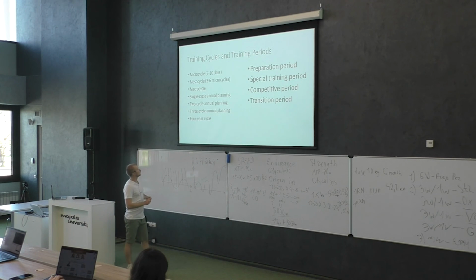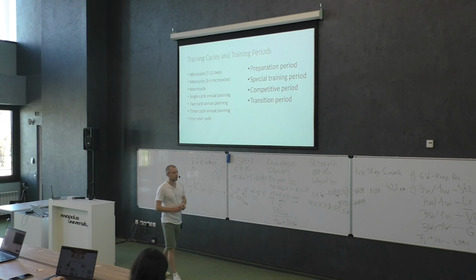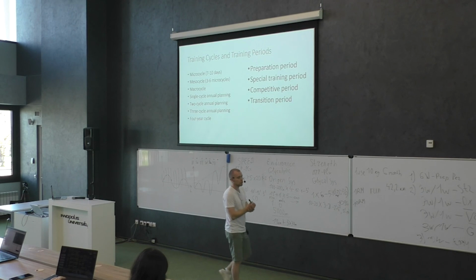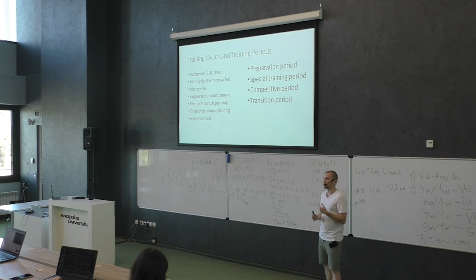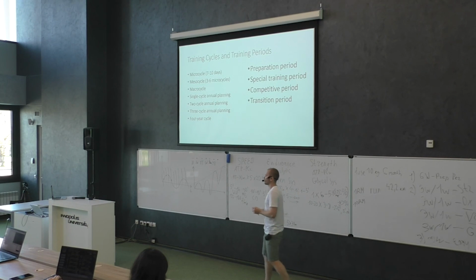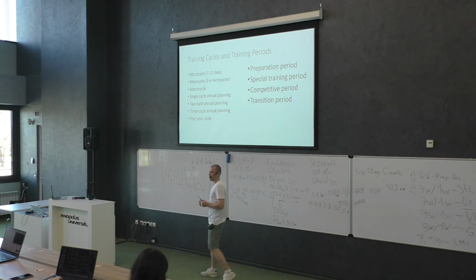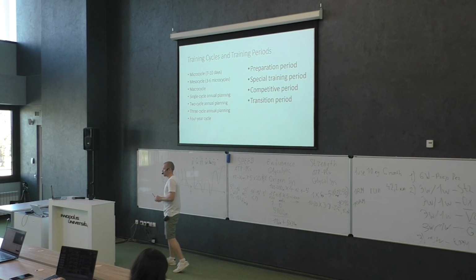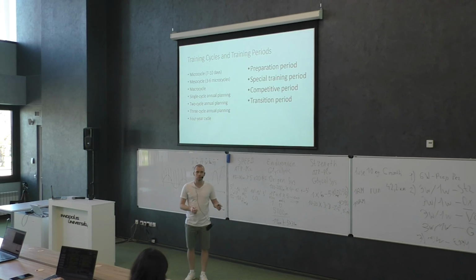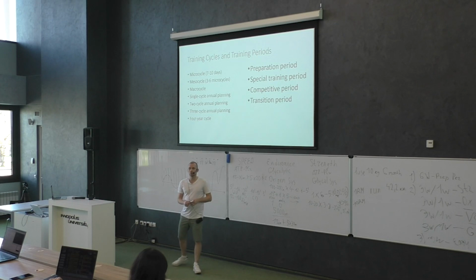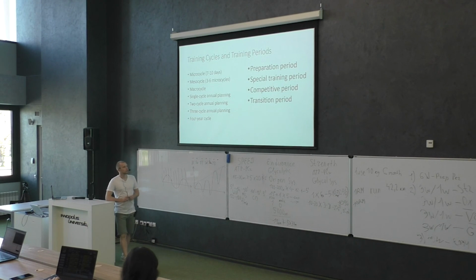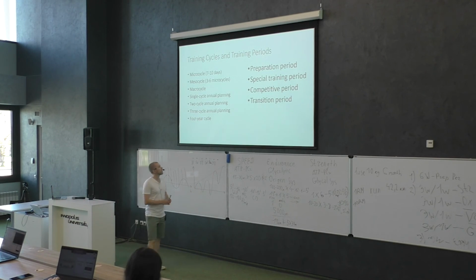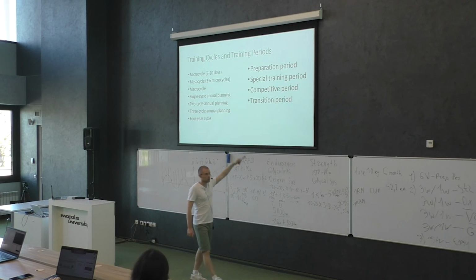It can be a 2-cycle annual plan. For example, I was a swimmer and we had a 2-cycle annual plan. We had 2 main competitions: the short course national competition in autumn and the long course national competition in spring.